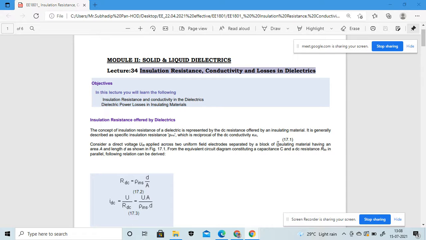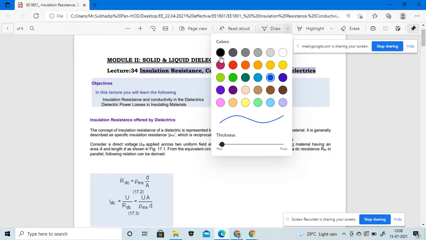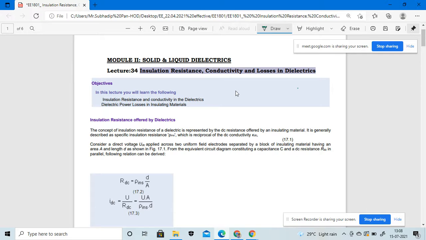What are the parameters for describing these dielectrics? One is the insulation resistance.